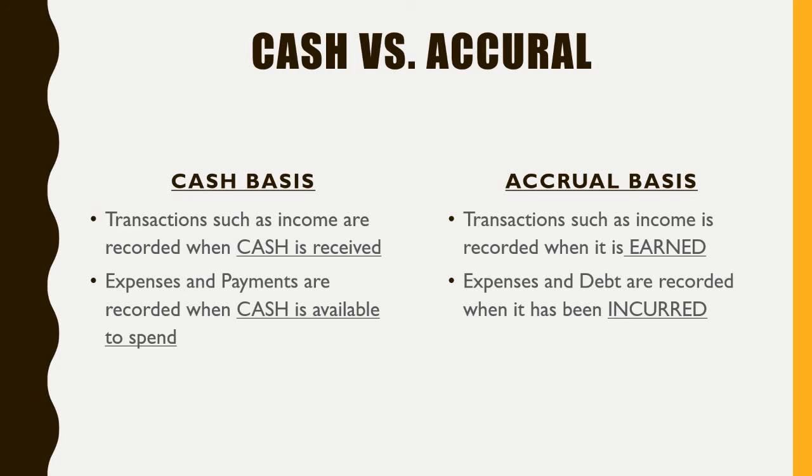You need solid cash. And in order to pay off your expenses or your liabilities, let's say you owe somebody money, you can only record those expenses the minute you actually have cash to spend, okay?